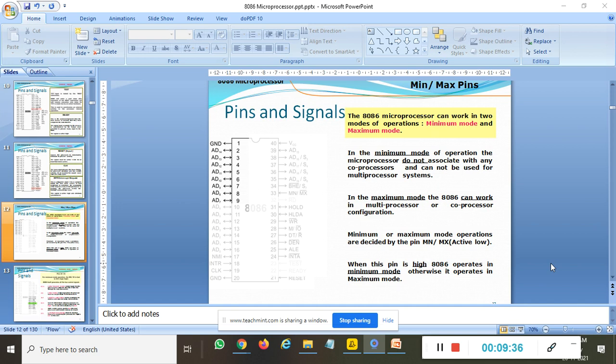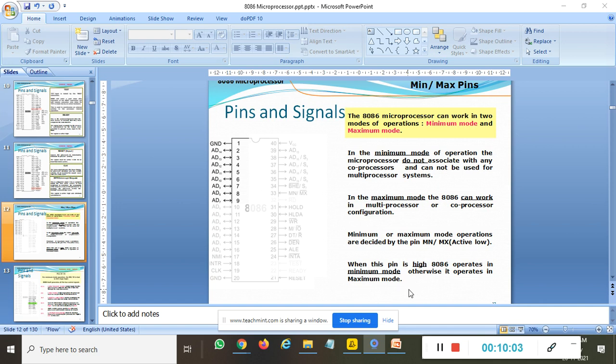So minimum or maximum mode is decided by the pin MN/MX bar. When this pin is high, it operates in minimum mode, otherwise it operates in maximum mode.